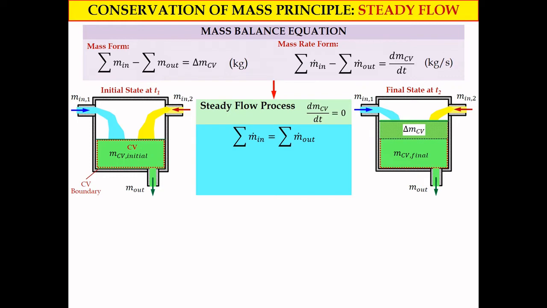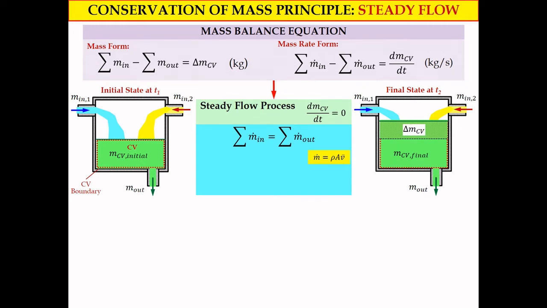After we set the value of dm_cv over dt equal to 0, we will have the new mass balance equation for the steady flow process, where total m dot in equals total m dot out, where we know that mass flow rate m dot equals rho, the density, multiplied by A, the cross section area, multiplied by V bar, the average velocity.